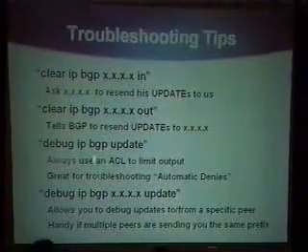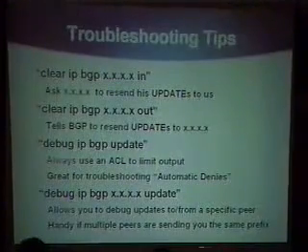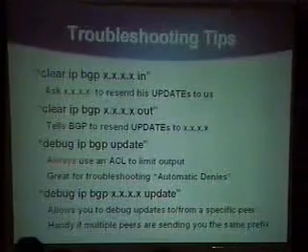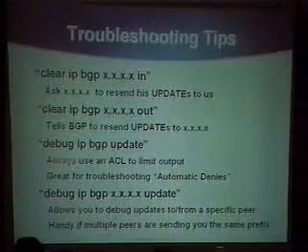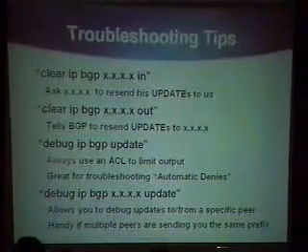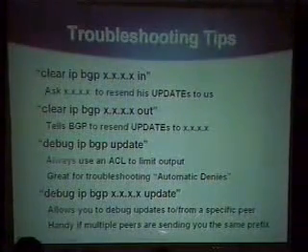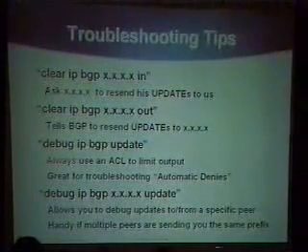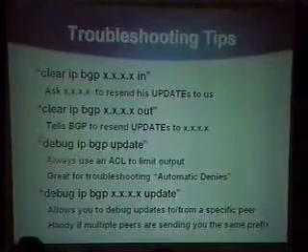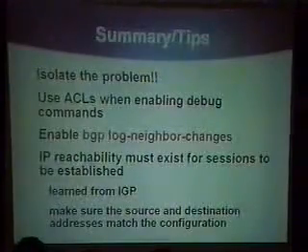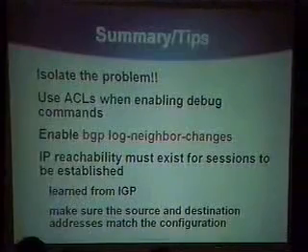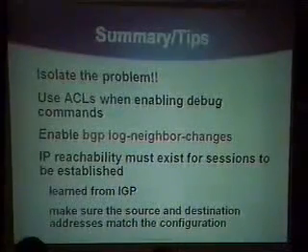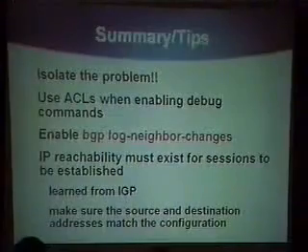So if you're going to do that, always use an access list and always filter the debug, otherwise you'll get a very, very busy screen. You can debug BGP updates, which is quite useful if you want to do it on a per neighbor basis. So, summary: try to isolate problems, use ACLs, log neighbor changes as I said before is really useful, and check all the reachability things.